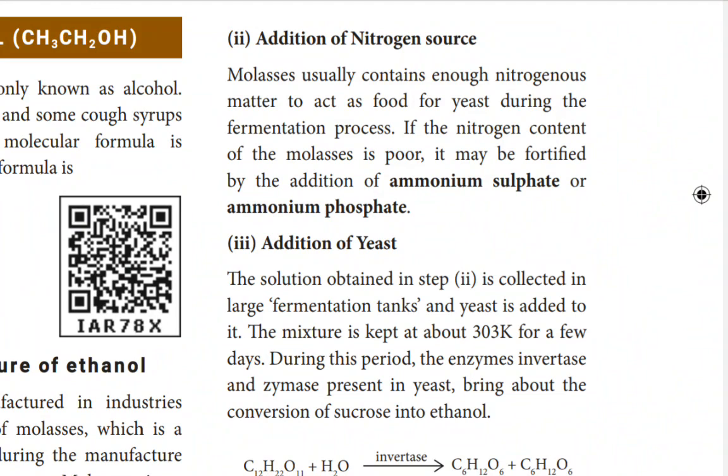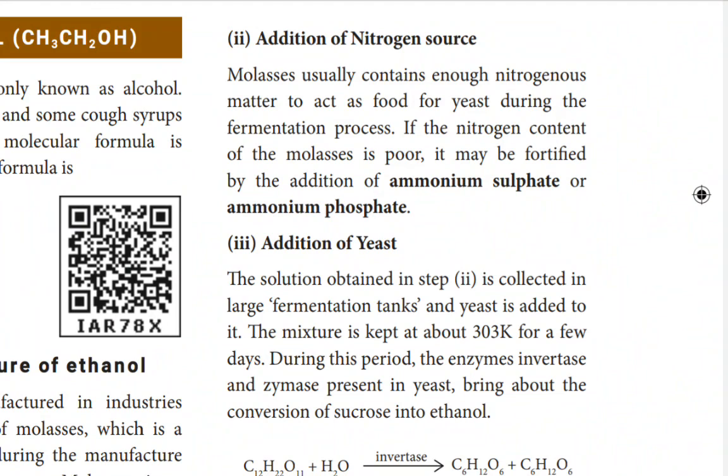From that it is going to activate the fermentation process. Suppose the sugar molasses does not contain enough nitrogenous matter, externally the nitrogen source is added, like ammonium sulfate or in the form of ammonium phosphate.